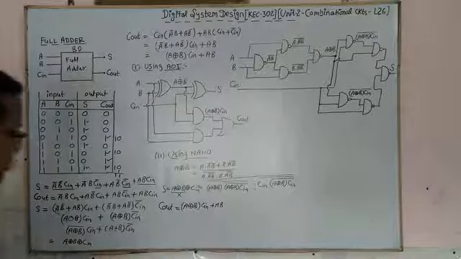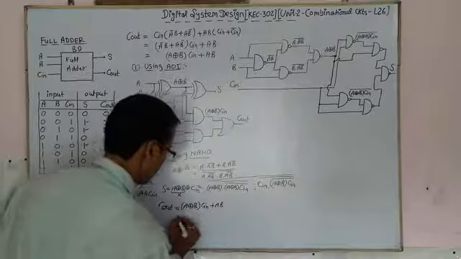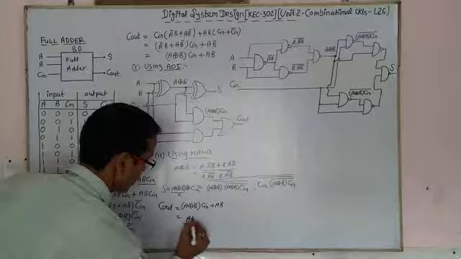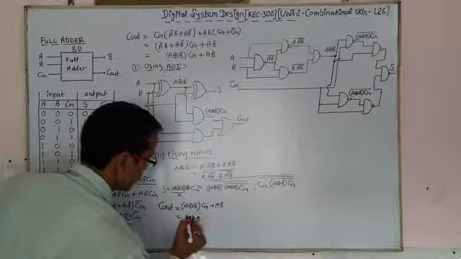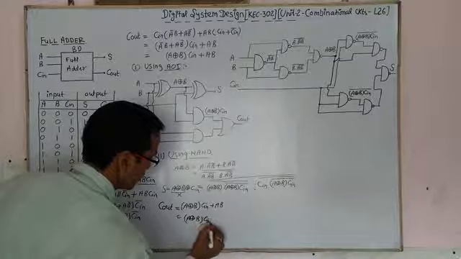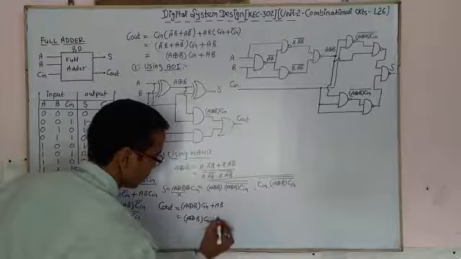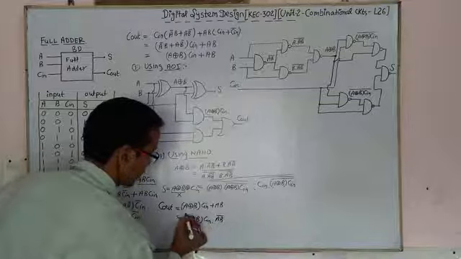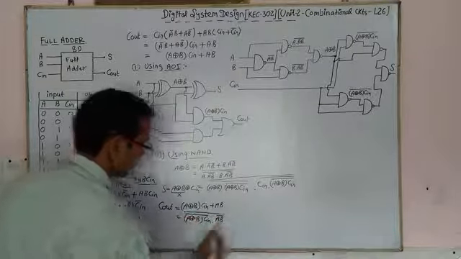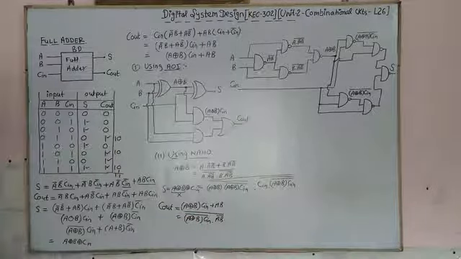So what will we do? We can write this in this way: (A XOR B) Cin dot AB bar, and the whole bar. We convert plus into dot, with bar and whole bar.